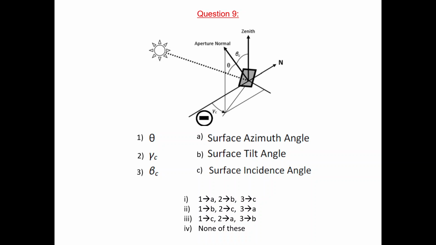And I have put some different values like theta, gamma c, and beta c. Theta is this, gamma c is this, and beta c is this. This is the normal to the aperture, they are the poles, and this is the sun's light coming in. Perpendicular is this, and here is how it is reflecting.